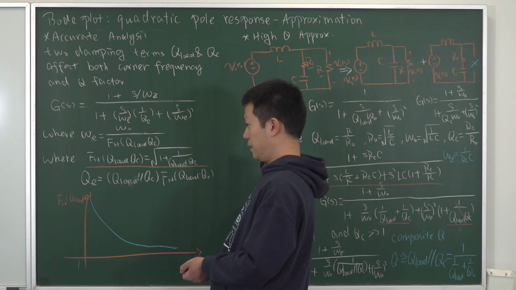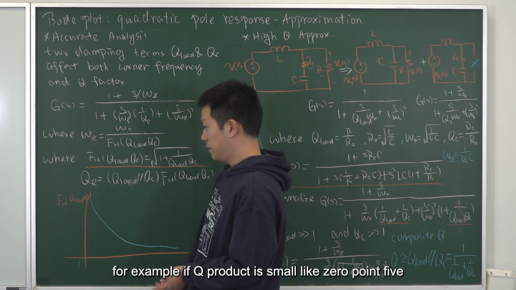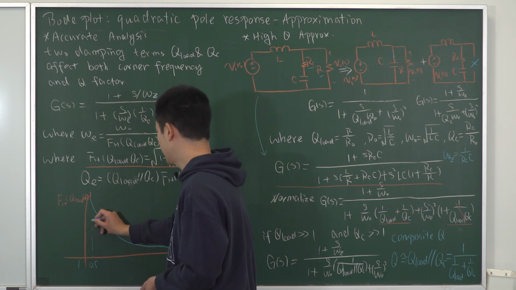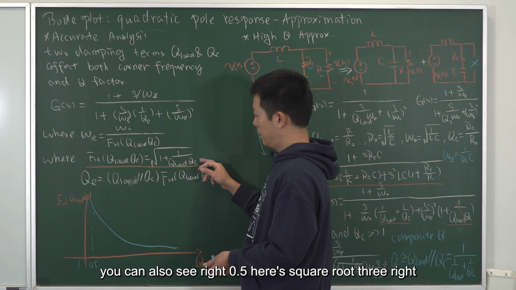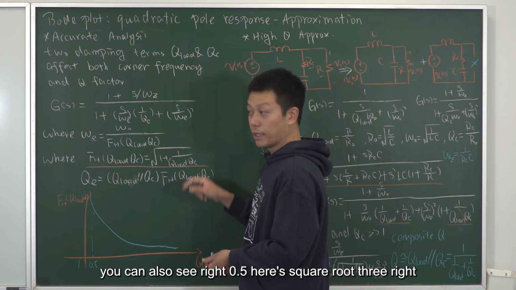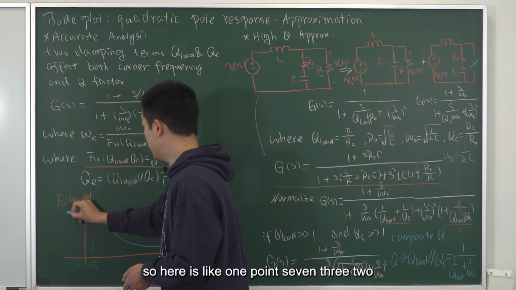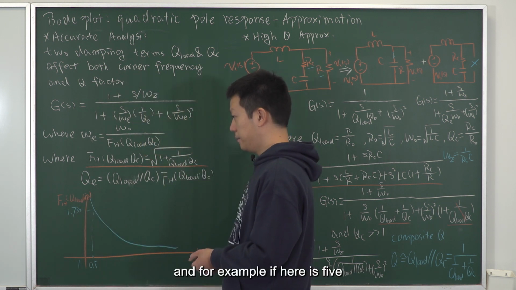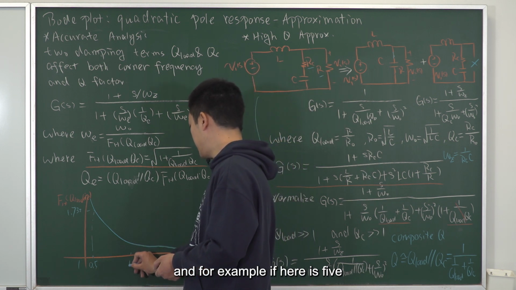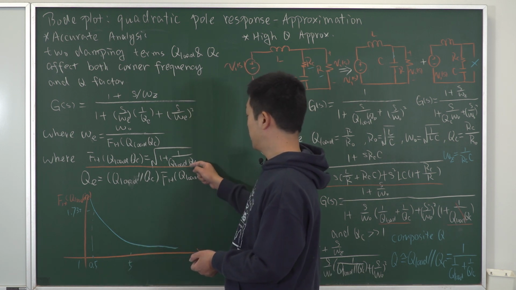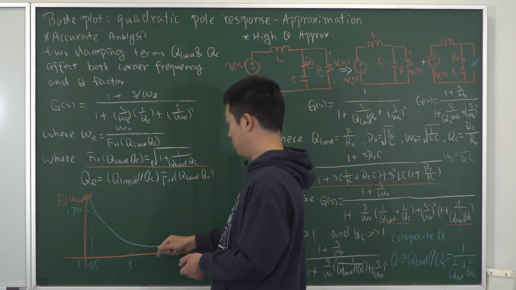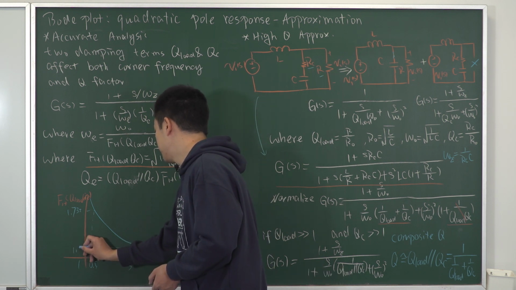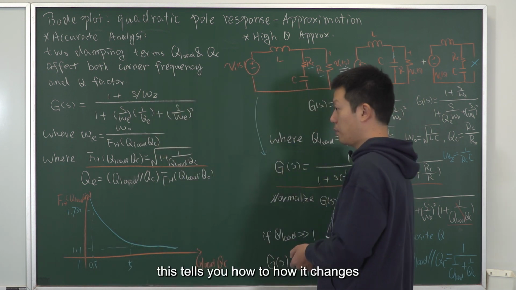So 1 is the boundary. But if, for example, the Q product is small, like 0.5, FH is the square root of 3, which is 1.732. And if the product is 5, the square root of 1.2 is roughly 1.1.